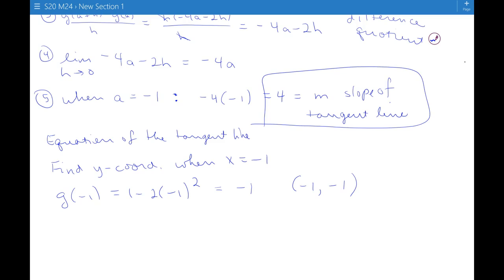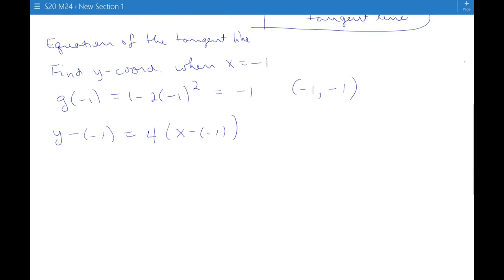And so I can write the equation of the line as y minus -1 equals m, which is 4, times x minus -1. And if you want to write it in y equals mx plus b form, which the answers in the back of the book always do, so you're going to have 4x plus 1.